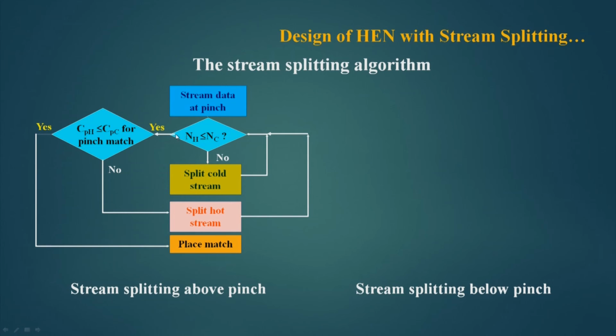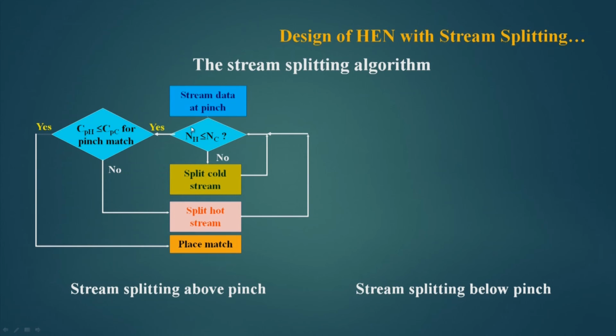Once this is matched, we will go to the Cp matching and we will check this. If yes, then we will place a match. If no, then we will split a hot stream and again we will go via this.